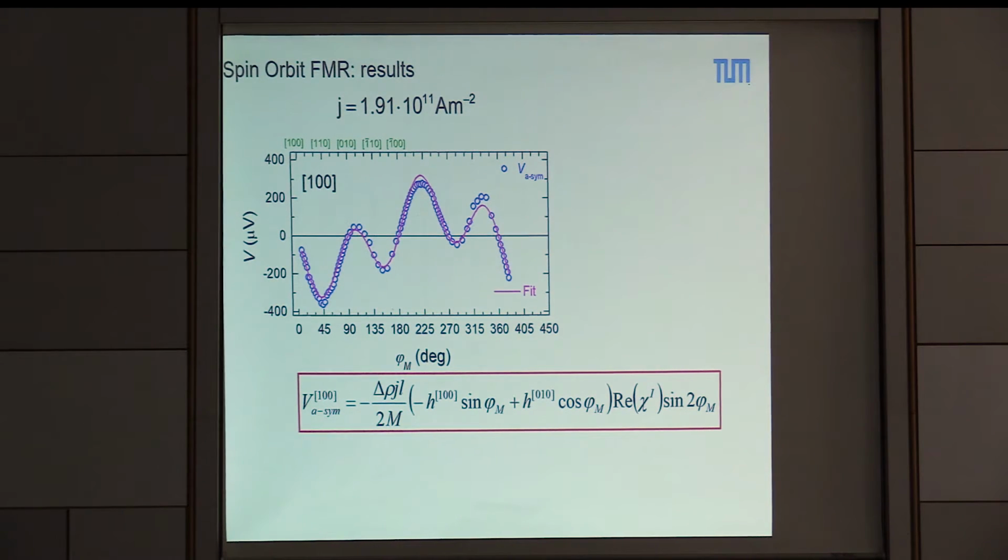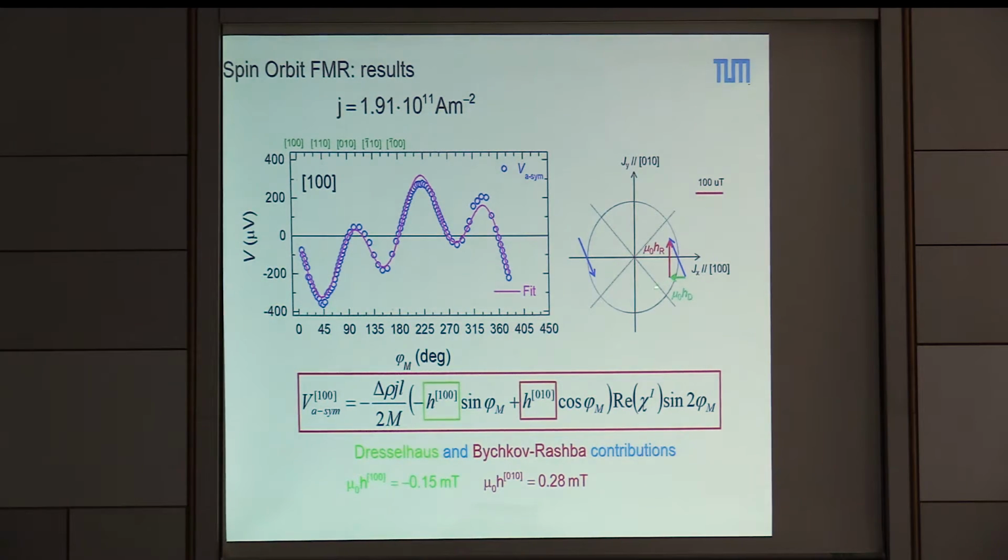And we can now fit this using this function here. Basically what's in here is the strength of the anisotropic magnetoresistance, the current density, the length of the device, and the magnetization. And then you get these different fields here, and these are related to the Dresselhaus and the Bychkov-Rashba contributions for such a device.